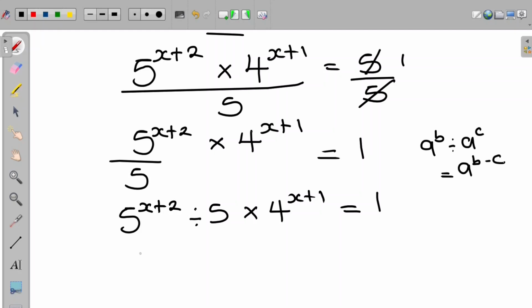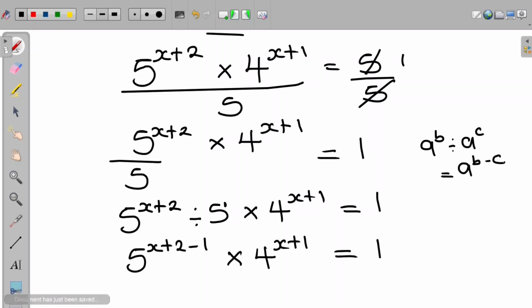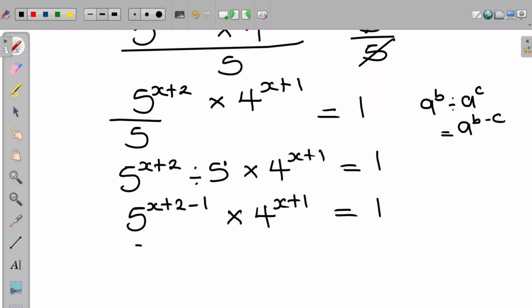So at this point, we now have that this becomes 5 raised to the power of x plus 2 minus 1, because the highest power of 5 here is 1, multiply by 4 raised to the power of x plus 1 equal to 1. So we have that this becomes 5 raised to the power of x plus 2 minus 1 is plus 1, multiply by 4 raised to the power of x plus 1 equal to 1.